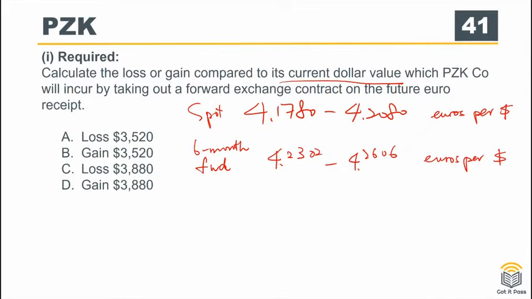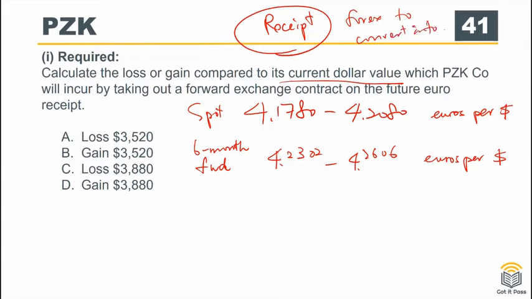Okay, so here, let's check how to solve it. First of all, we need to determine which rate to be used. We remember it's the receipt. I'm going to receive euro, the foreign currency, and then convert it into dollar, the local currency.